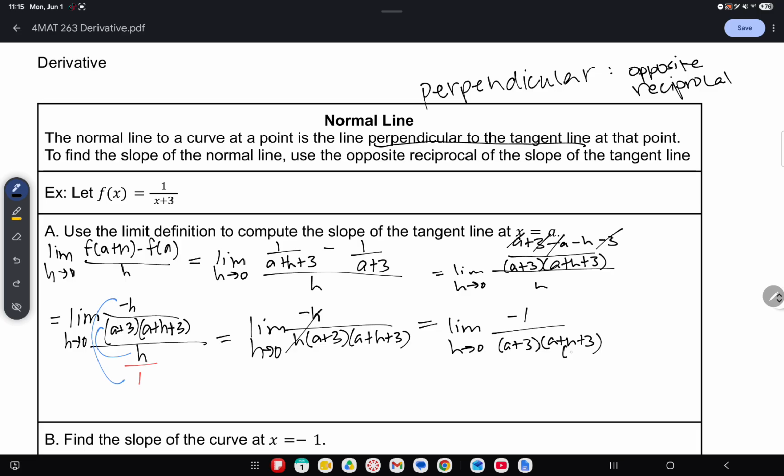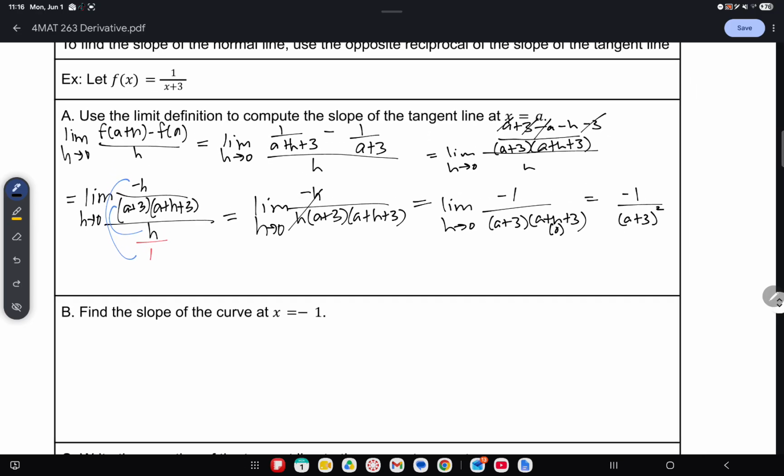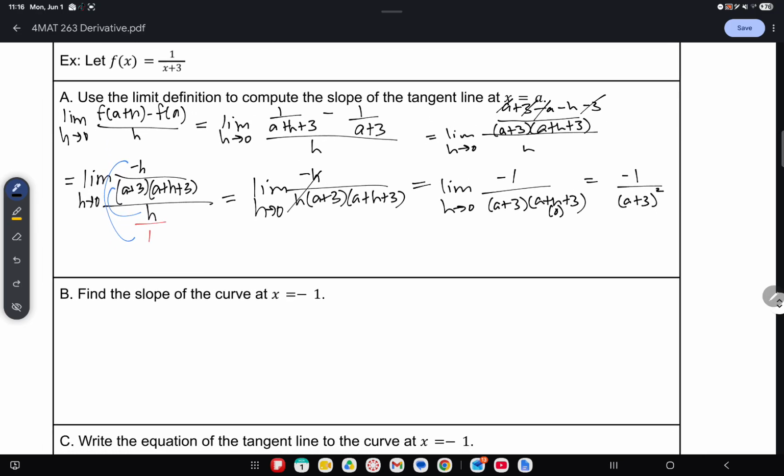Then I can do direct substitution for a final answer of negative 1 over a plus 3 times a plus 3. So let's just make that a plus 3 squared. So that's the slope at any point a.